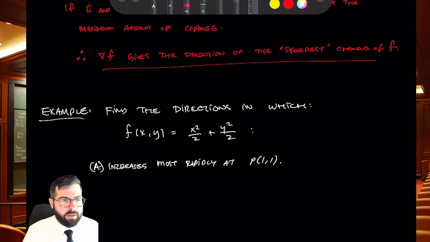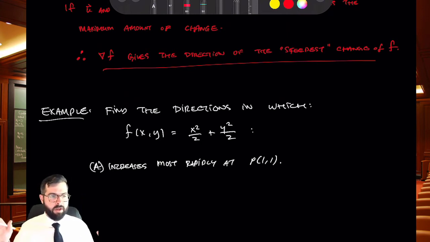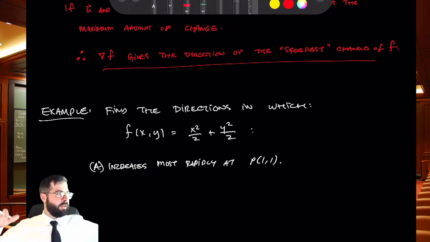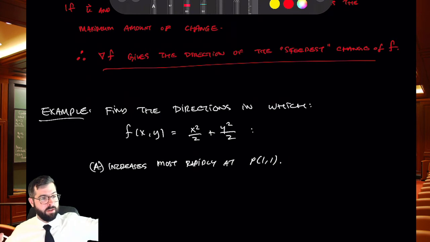A way you could think about this is I'm on a hillside, on the surface z equals f of x, y, so your coordinates are on the plane, then your height, and you look at which is the steepest way I could climb from here. That's a nice way to remember what the gradient is: the path of steepest ascent.